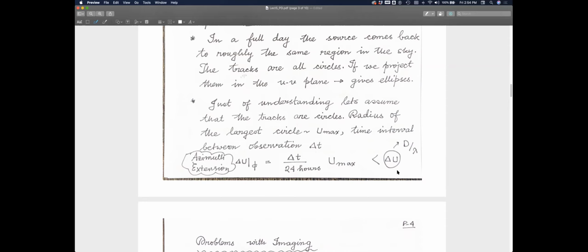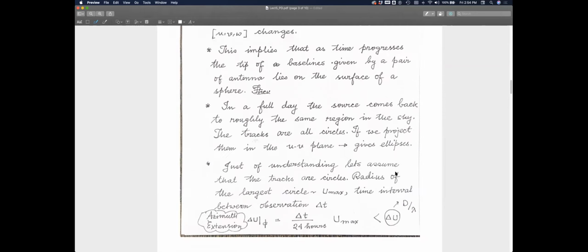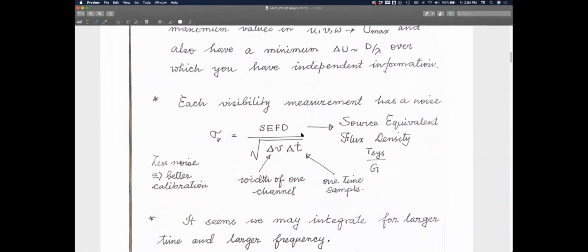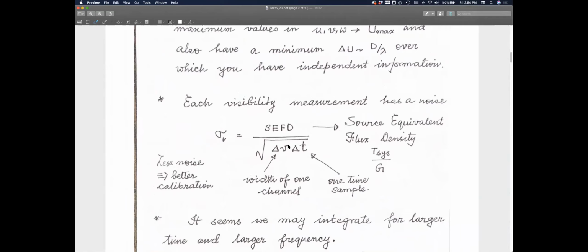Okay, so again, I will stop here and let me ask you if you have any question. So what we realized here is, you can still ask the question, I'm just carrying on with the point I was trying to make, that I cannot make this delta nu arbitrarily large. I cannot make this delta t arbitrarily large. There is a physical scale for both delta nu and delta t.